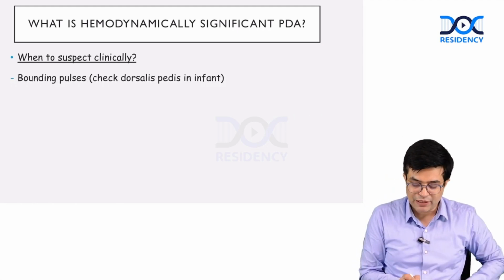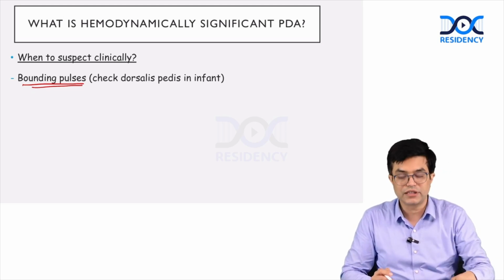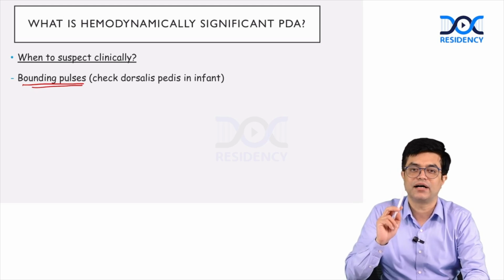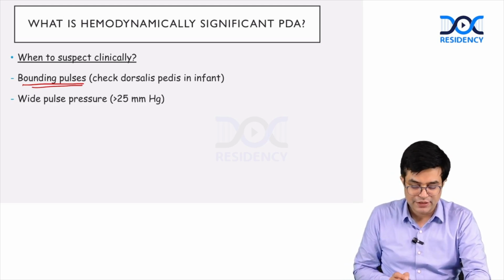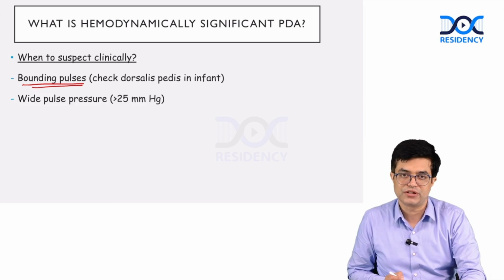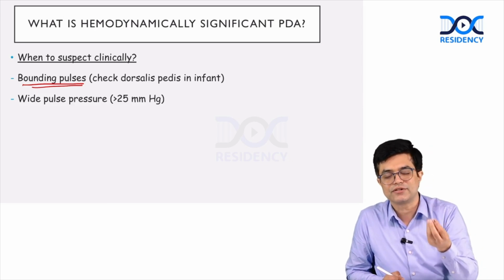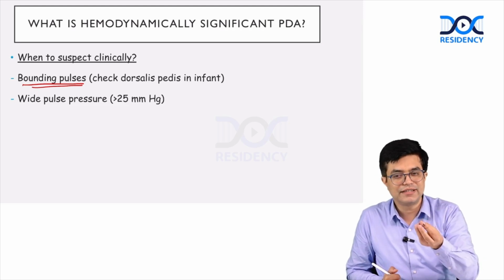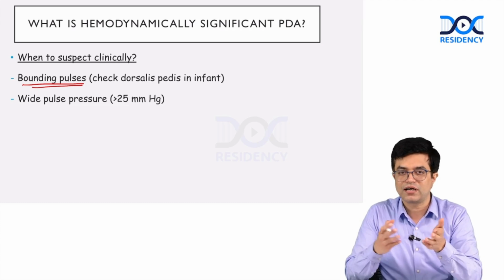The child will be having bounding pulses. Now, to check bounding pulse in an infant, particularly a young newborn, we always look for the dorsalis pedis artery, right? You know where dorsalis pedis is. Second, you look for pulse pressure in the child. In patients with PDA, there is a relative increase in systolic BP due to increased cardiac output from the left ventricle, and there is a slight decrease in the diastolic BP because of the large left to right shunt.